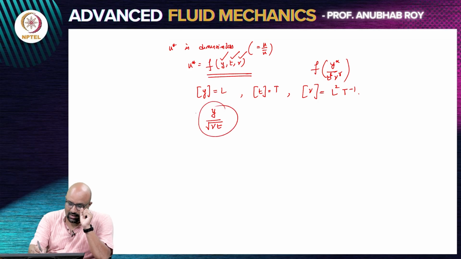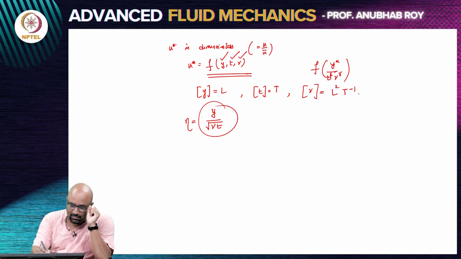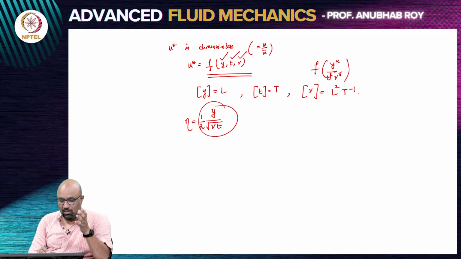So, this is a non-dimensional quantity. So, I am going to define this particular quantity y by square root nu t, and in anticipation of the algebra, because you can always multiply this with some number, I am going to multiply this with half. There is no specific reason when you are doing this the first time that that should be there. It's just that because I have an understanding of what the algebra is going to be, we are putting that half so that the calculations will get easier later.